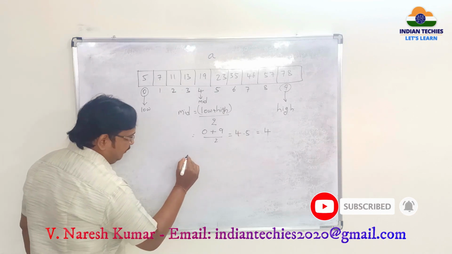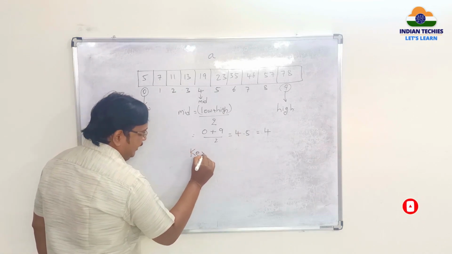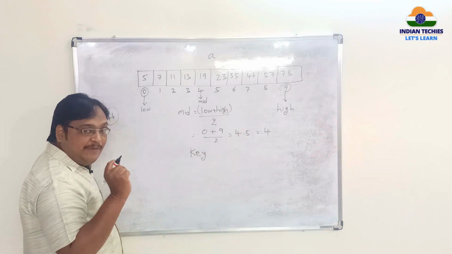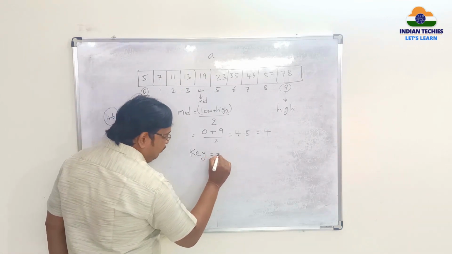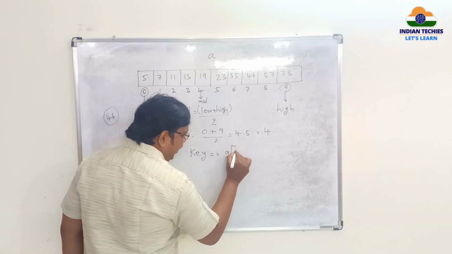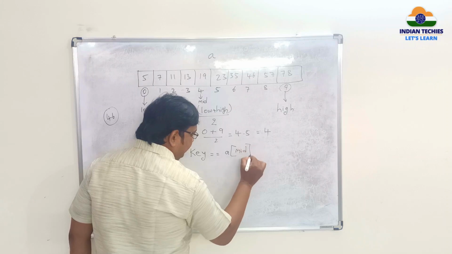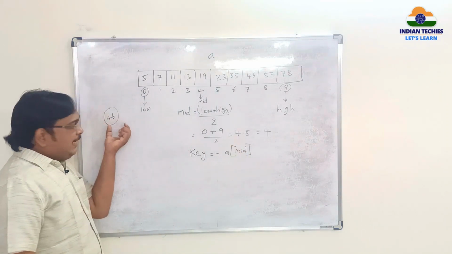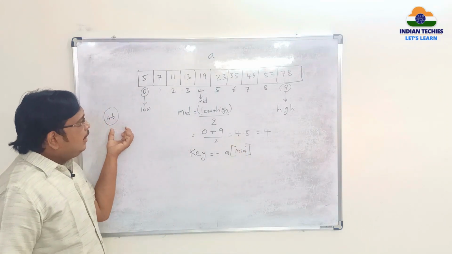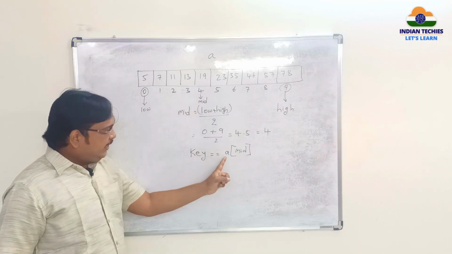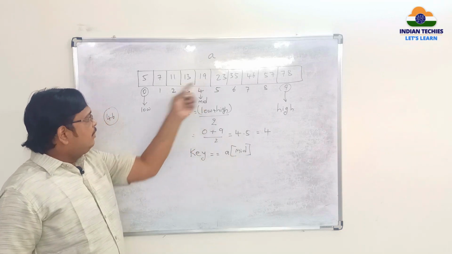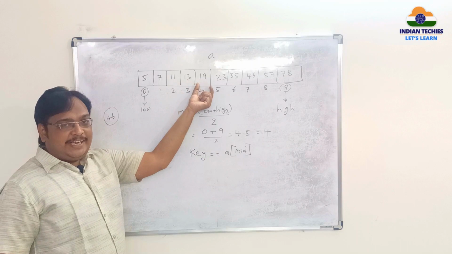So, my first condition is whether my key is equal to A of mid. What is my key here? 46. What is the mid value? 4. That is A of 4. So, is 46 equal to 19?